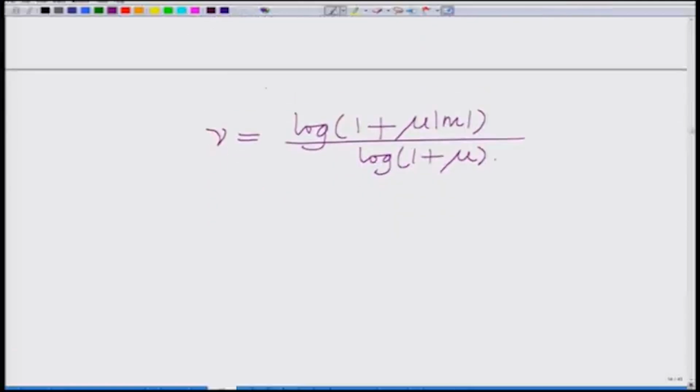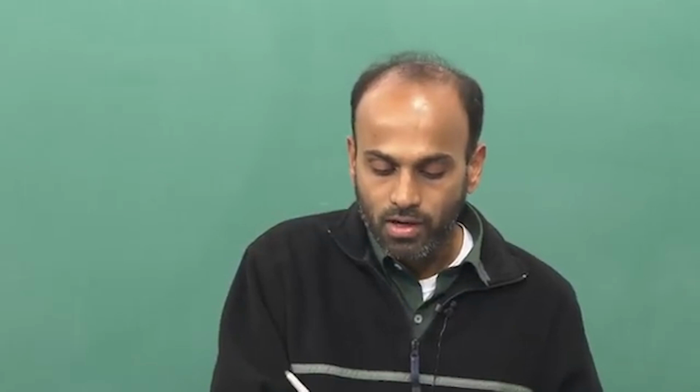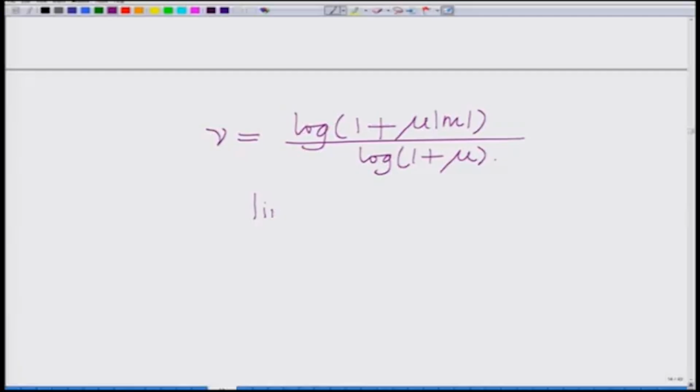Now, as mu tends to 0, of course, this becomes undefined, because it is log 1 which is 0, divided by log 1, which is 0. If you simply substitute mu equal to 0, it becomes 0 by 0, that is indeterminate. So, therefore, we consider the limit mu tending to 0.